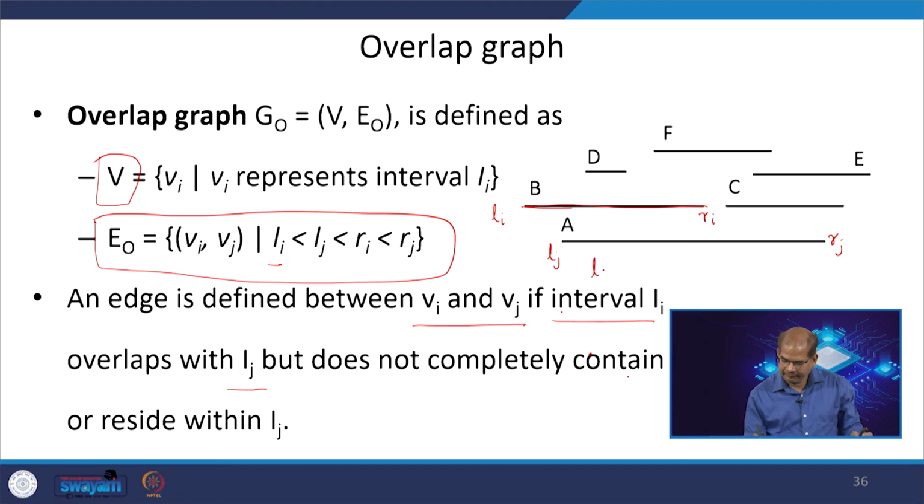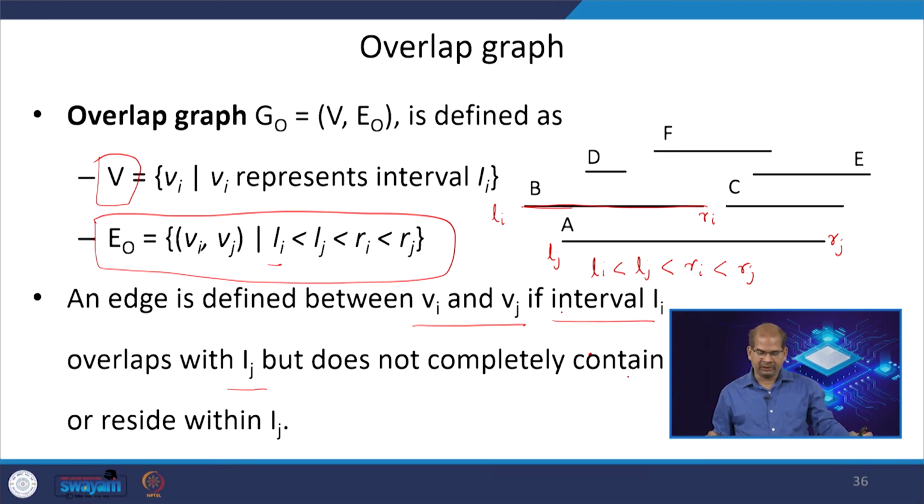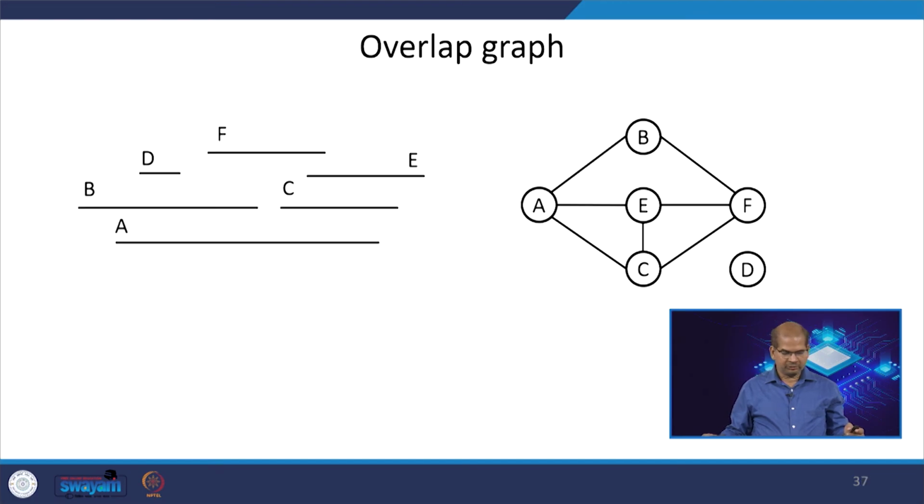L I is less than L J, less than R I, less than R J, correct. So, there is an edge between A and B, but there will not be an edge between B and D because D is inside B. If you go to the next slide, you have an edge between A and B.